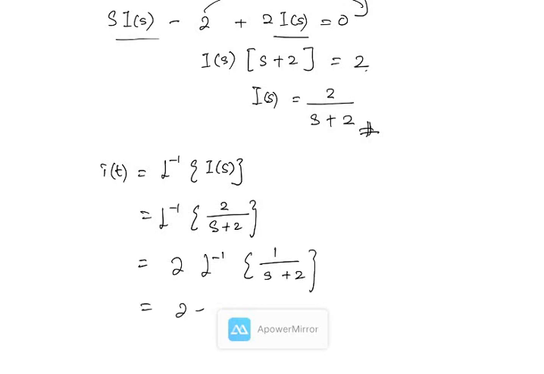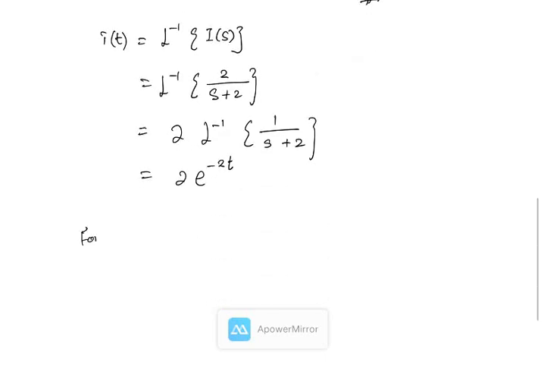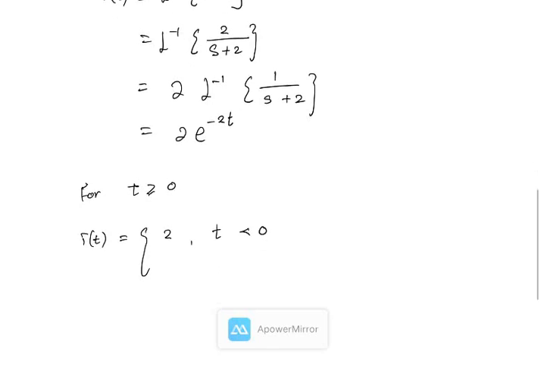This is equivalent to 2e^(-2t). So for t less than 0, the value is 2, and for t more than or equal to 0, you have the value of 2e^(-2t).